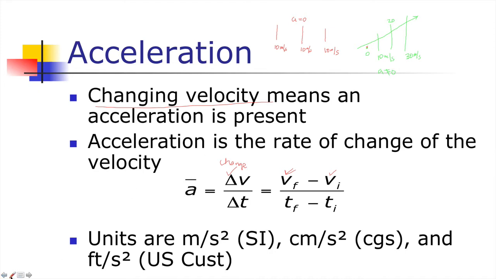How about the other way around? What if you start at a bigger value and then start to slow down? On the other hand, you're starting at 0 time, and your velocity was 30 meters per second. And then after 1 second, yours is 20. After the 3rd second, yours is 10. And then after the 4th second, maybe yours is 0.